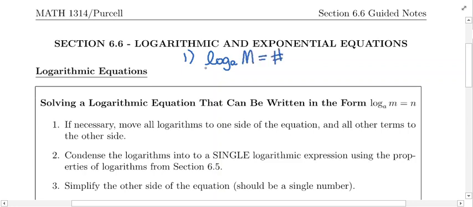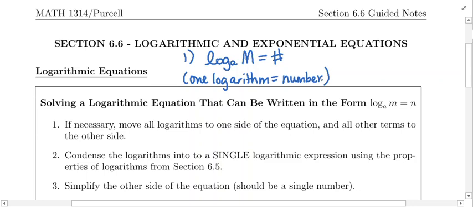So you might encounter an equation where you can write it as one logarithm is equal to a number.